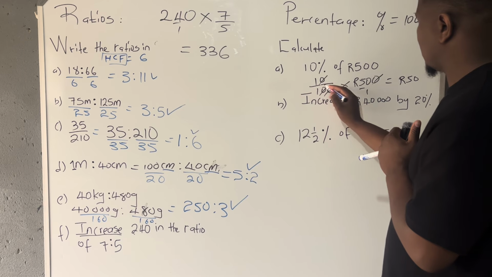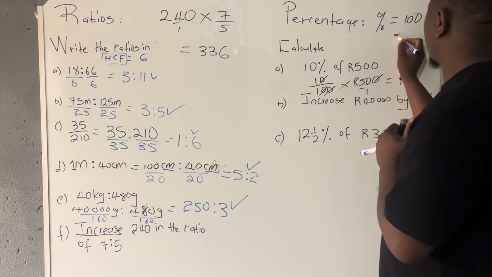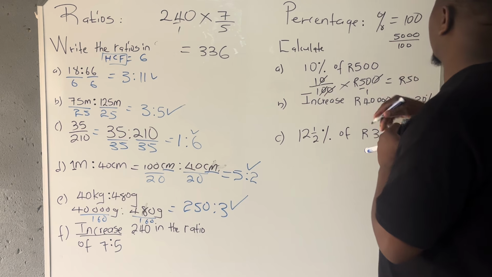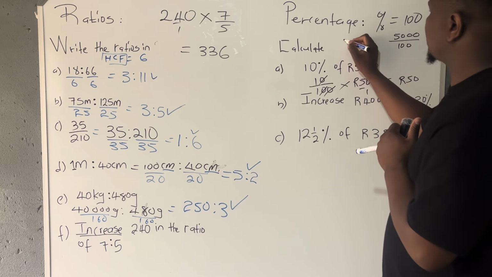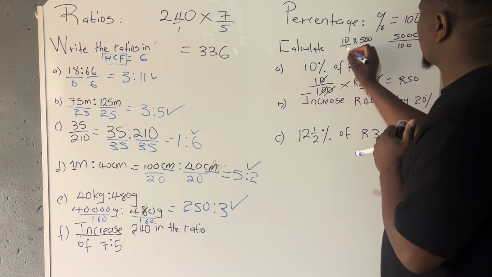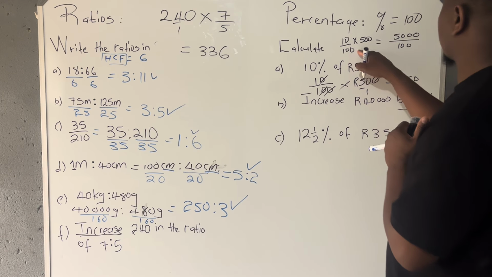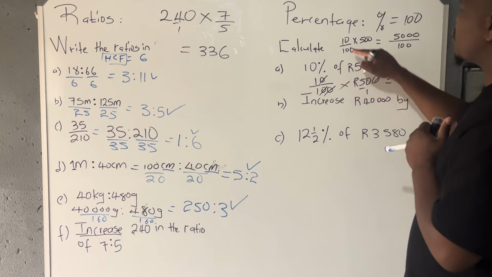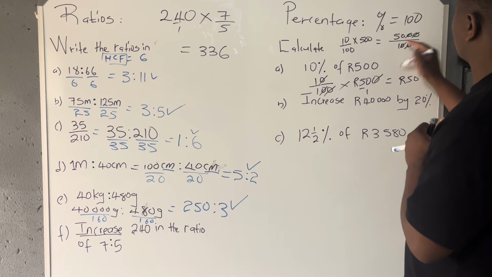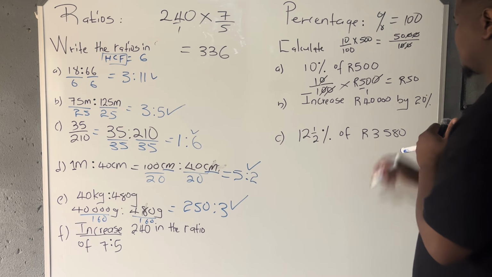However, another method, like here, you can say 10 times 500, it will now become 5,000 over 100. That is an alternative method. For those who prefer to say 10 times 500 all over 100, you still have to cancel, and that's 50.